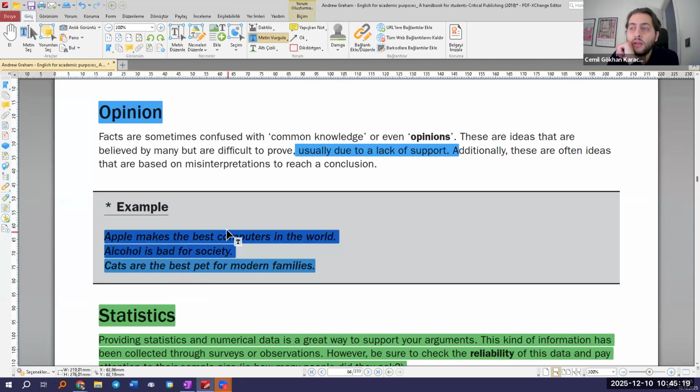So, alcohol has been found to be a detrimental factor to society because of the rising traffic accidents caused by alcohol. Then you give some supporting evidence there in the form of citations.